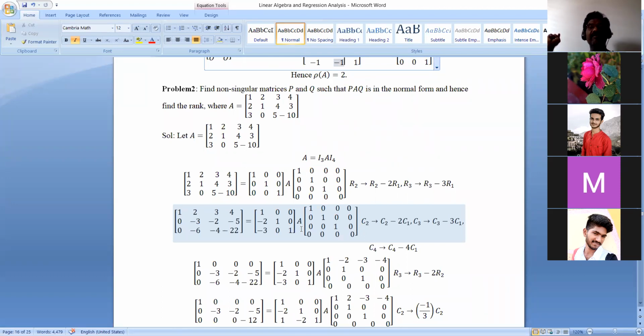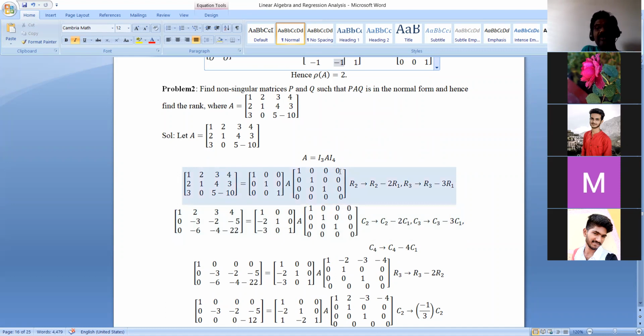Where A equals the 3 by 4 matrix [1, 2, 3, 4; 2, 1, 4, 3; 3, 0, 5, minus 10]. This is a 3 by 4 matrix. Now we want to reduce this matrix into normal form by using column and row operations.